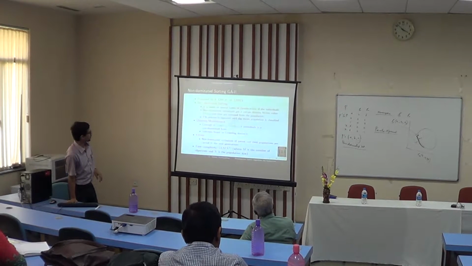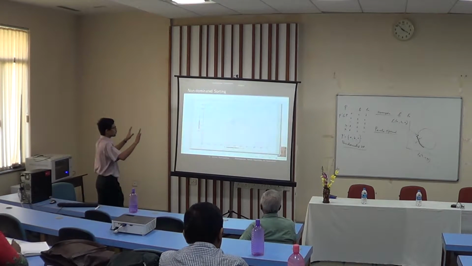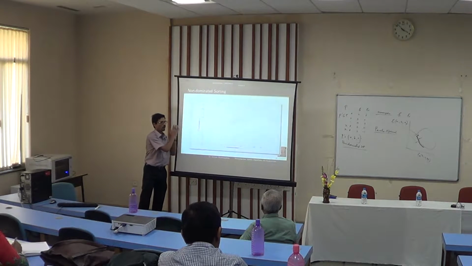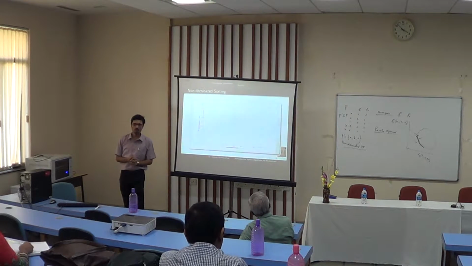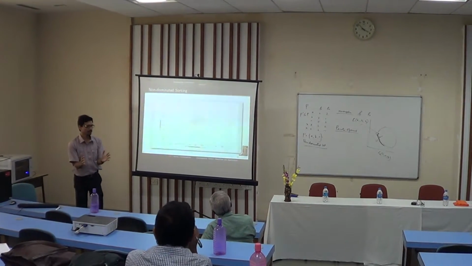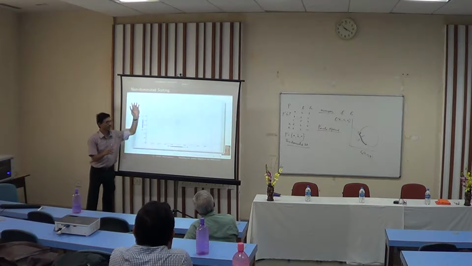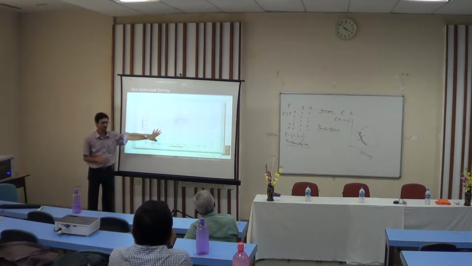So non-dominated sorting. Suppose we have two objective functions, f1 and f2, both of minimization type. In a certain population of solutions, we can plot these solutions in this objective space.